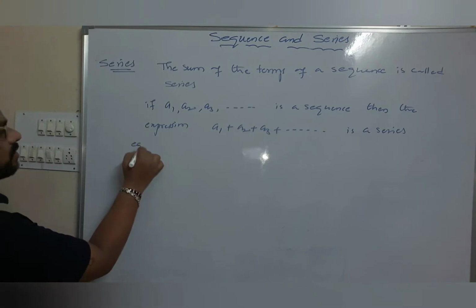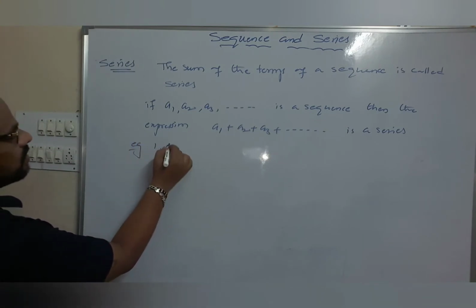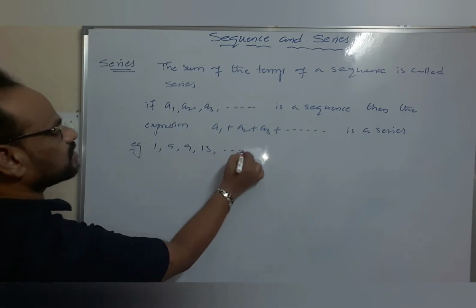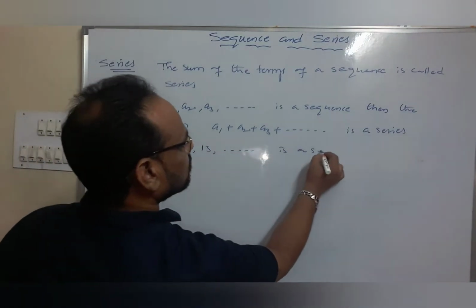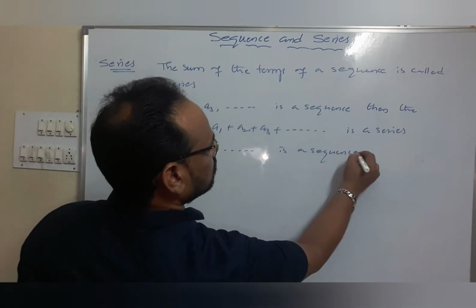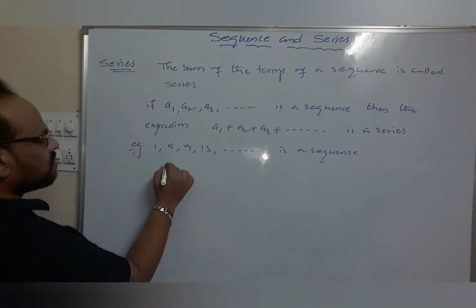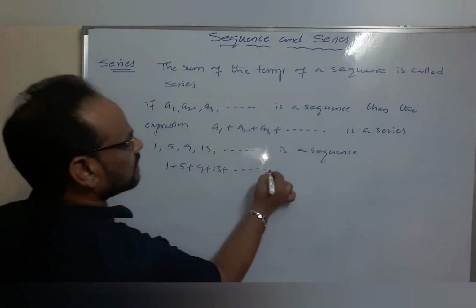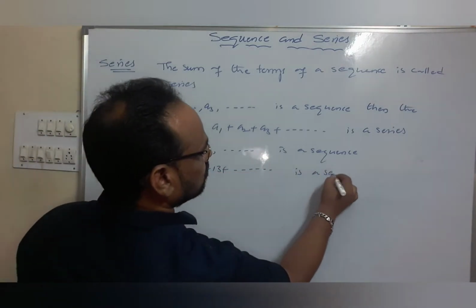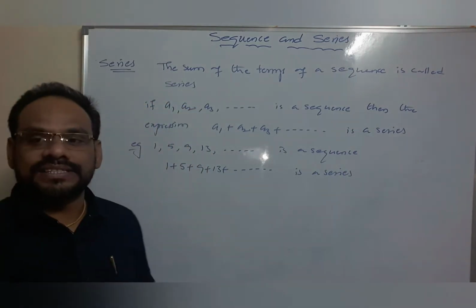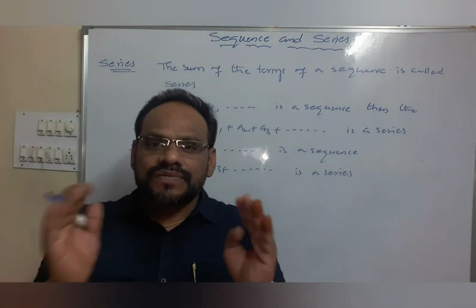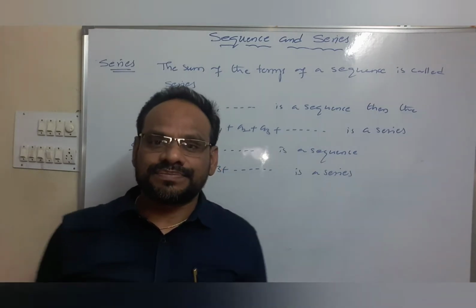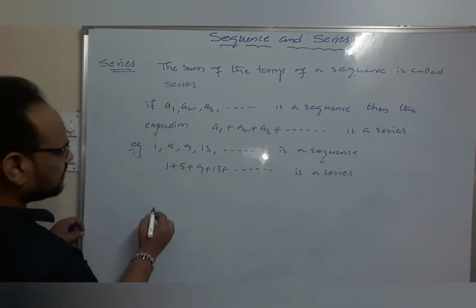For example, 1, 5, 9, 13 and so on is a sequence. Then 1 plus 5 plus 9 plus 13 plus and so on is a series. That means the sum of the terms of a sequence is called series.